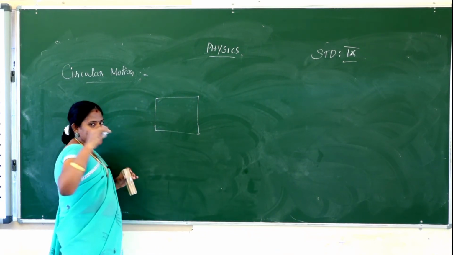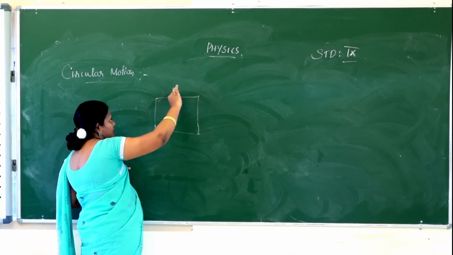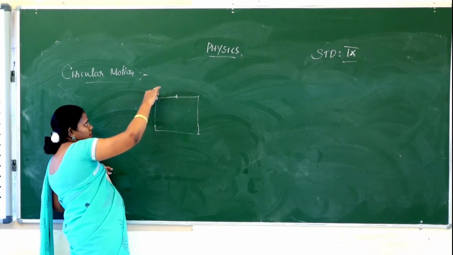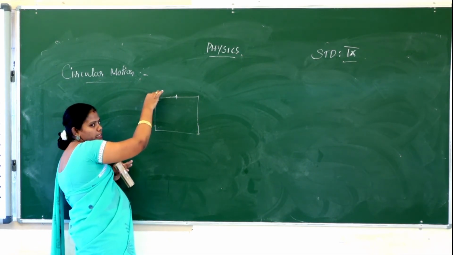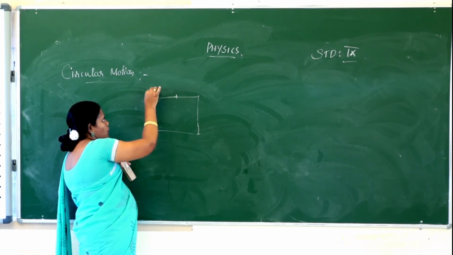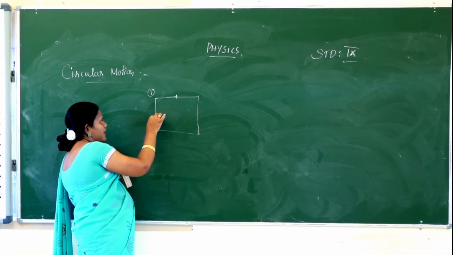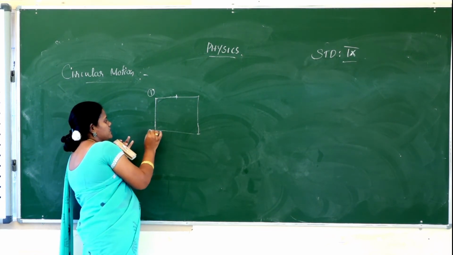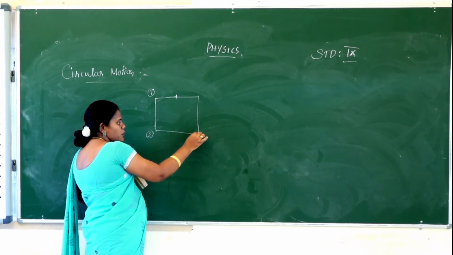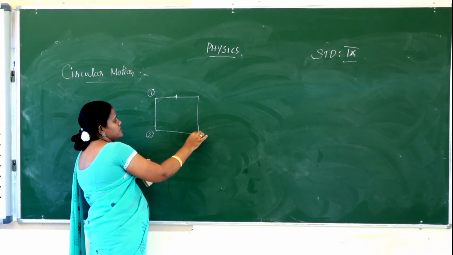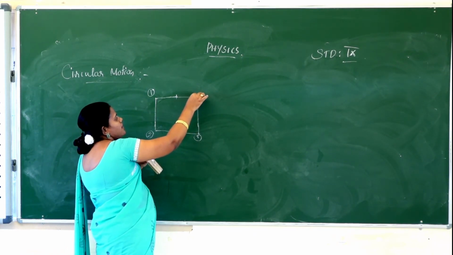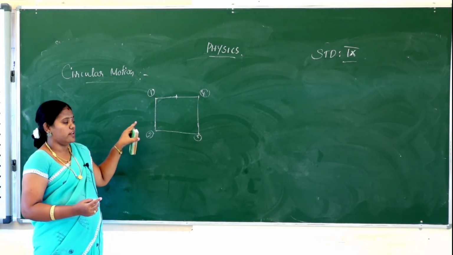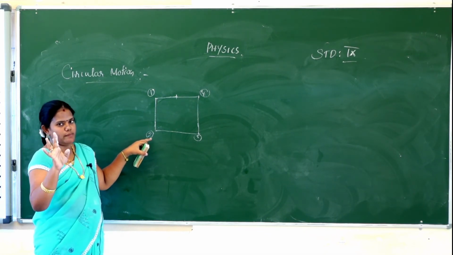I keep a chalk piece at the midpoint of one side, and the chalk piece moves to the left, turns its direction at this point, and moves along the next side. At the next point it turns again, changing direction a second time, and moves along this side. At this point it changes direction again, moves to the next point, and changes direction. So the chalk piece turns its direction 4 times; it changes direction at 4 points.